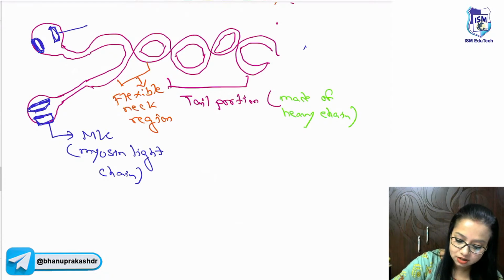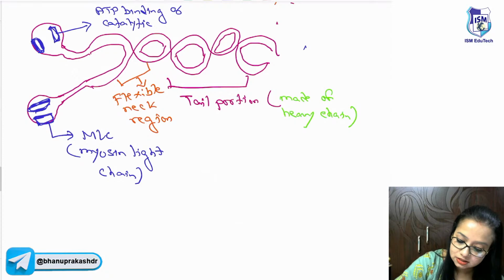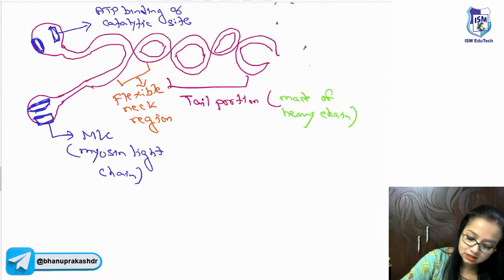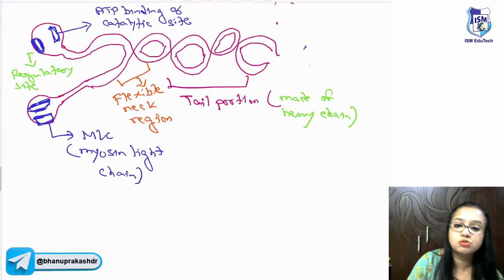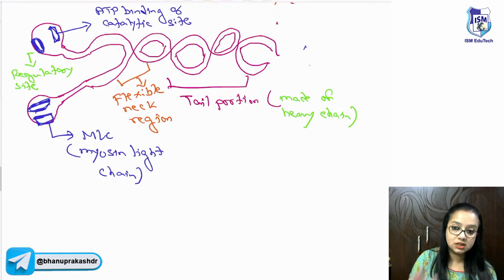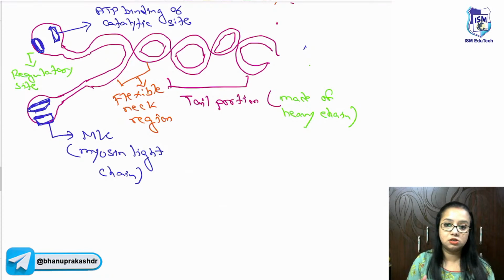So, on one side, it is the ATP binding or catalytic site. On another side, it is the regulatory site, also known as the myosin binding site. So, this is how a typical myosin molecule or myosin protein looks. So, both are contractile proteins.